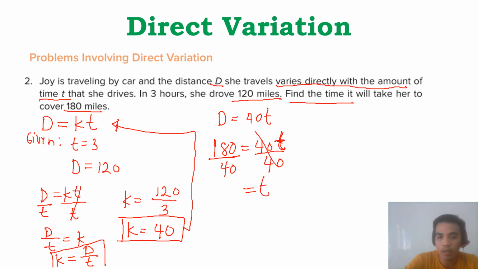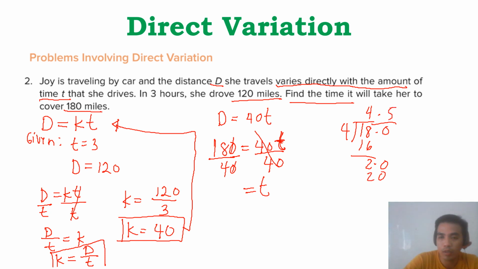Tama? So, 180 divided by 40 is ilan? Makakancel yung 0. So, you have 18 divided by 4. So, what is 18 divided by 4? We have 4, we have 16, and we have 2. Okay, we have 20, we have 5.